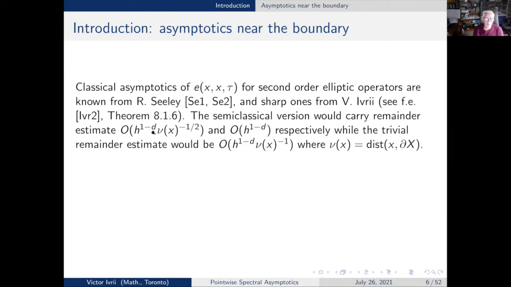The difference between -1/2 and -1 is crucial in one sense. The -1/2 power is integrable if the boundary is not very irregular, and -1 would have logarithmic divergence. So this was actually the very big problem when we tried to derive asymptotics for the eigenvalue counting function.